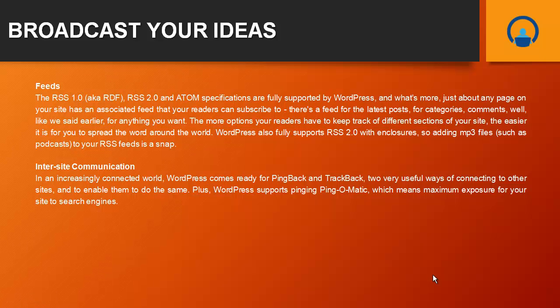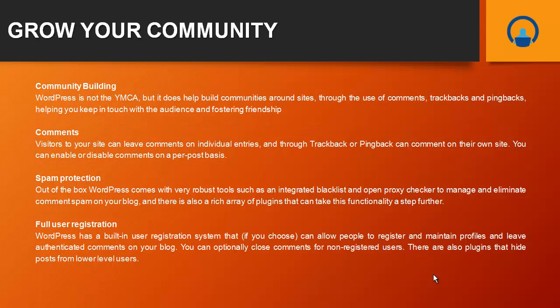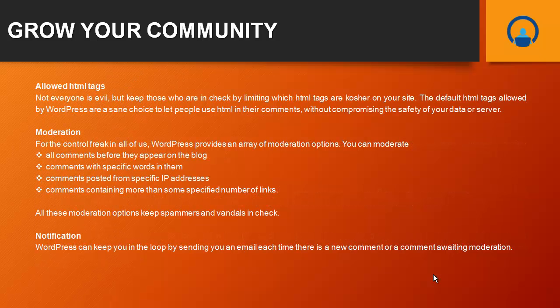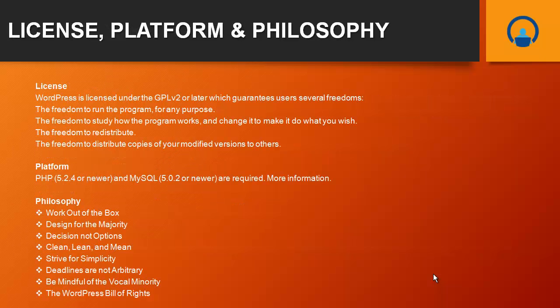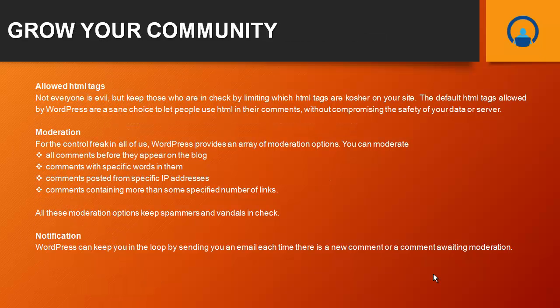WordPress has a built-in user registration system that, if you choose, can allow people to register and maintain profiles and have authenticated comments on your blogs. You can optionally close the comments for non-registered users. There are also plugins that hide posts from lower-level users.